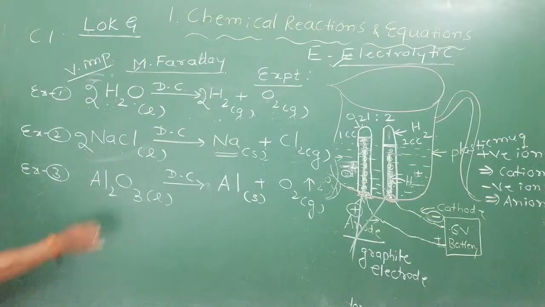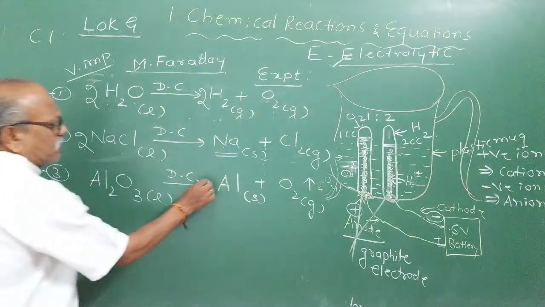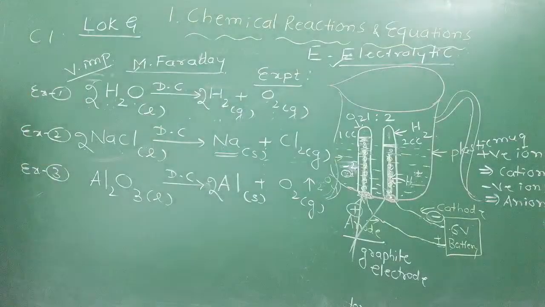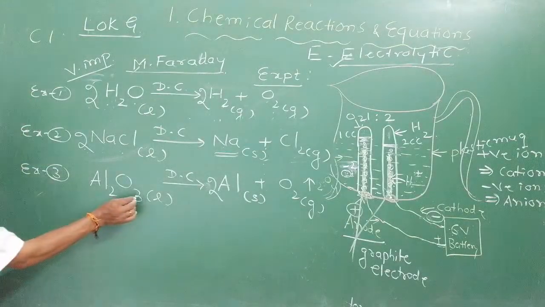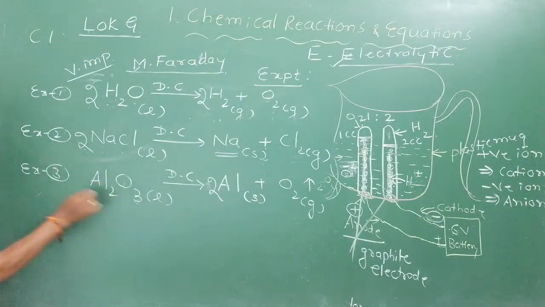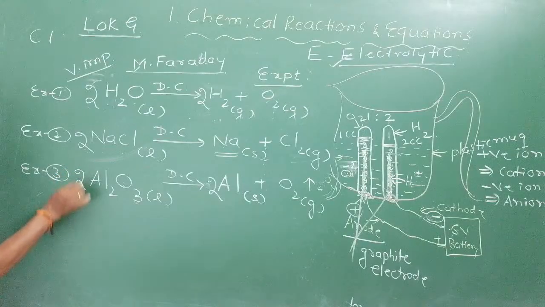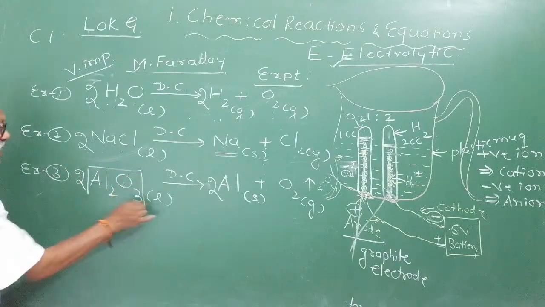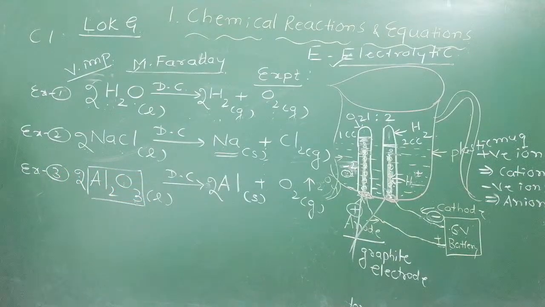Okay. Now, how many aluminum atoms? 2 aluminum atoms. Let me write it as 2Al. Now observe here, the oxygen atoms on the left are odd. Whenever there are an odd number of oxygen atoms, the first step is to make them even by taking a 2 here. 2 3s are 6. Now it becomes even. By multiplying the whole formula, don't touch this formula, Al2O3.